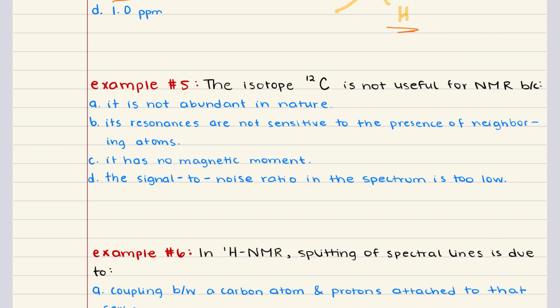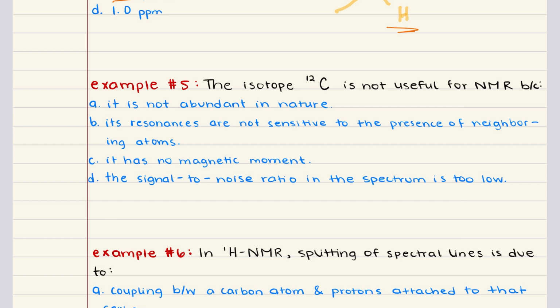So remember, for a nucleus to be NMR active, it needs to have a property called nuclear spin. Specifically, the nucleus must have a non-zero spin quantum number in order to interact with the magnetic field and absorb radio frequency radiation. Now, carbon-12, which is the most common isotope of carbon, actually has no nuclear spin.